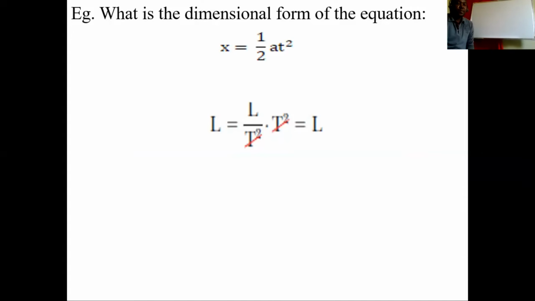And a, acceleration, is velocity over time, which is actually distance over time squared. So distance is L, time squared is capital T squared, multiplied by t squared there, so both T squareds cancel, so we are left with L equals L, and we show that it is homogeneous.